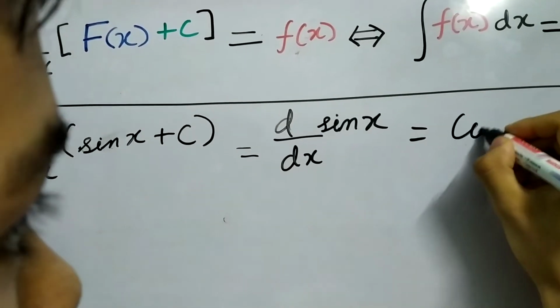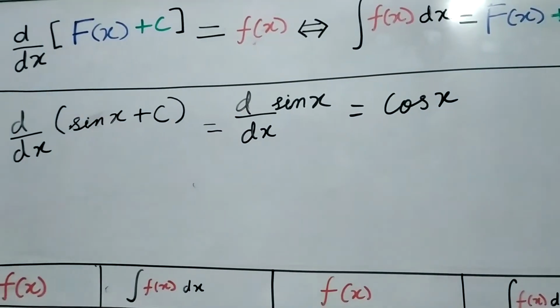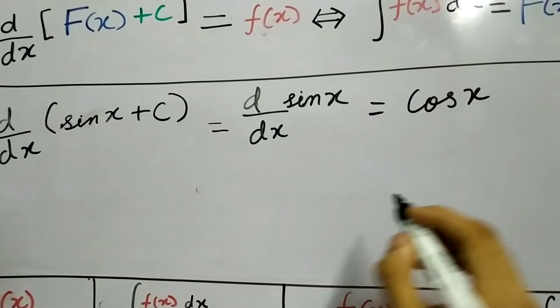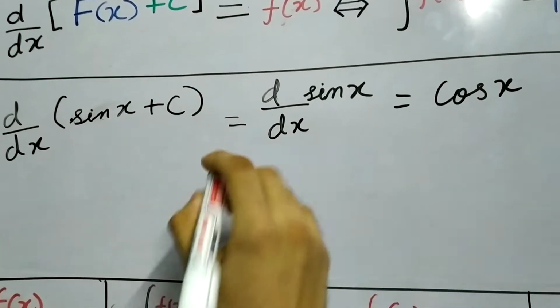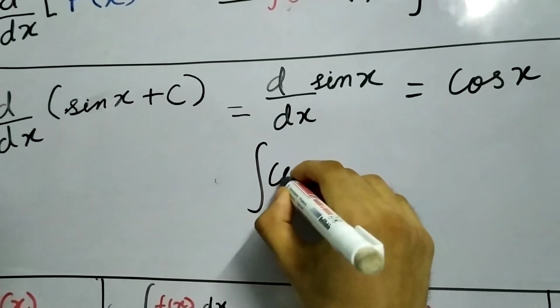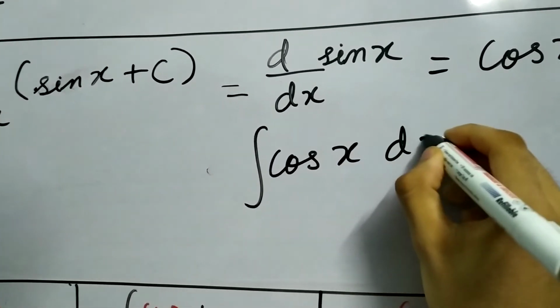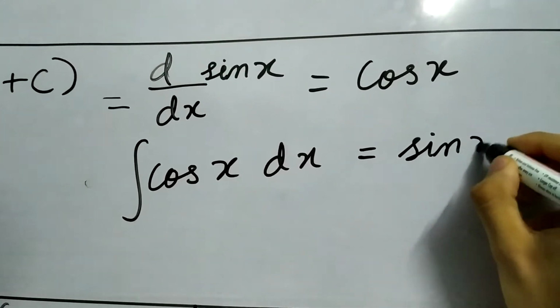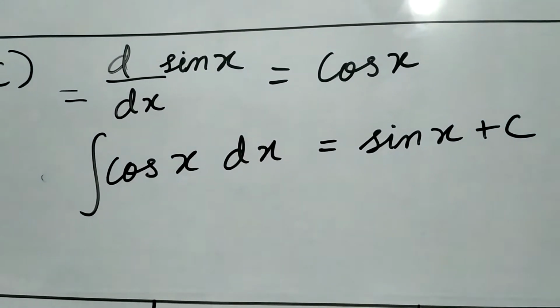This is cos x. This means that if you integrate cos x dx, you will get sin x plus some constant.